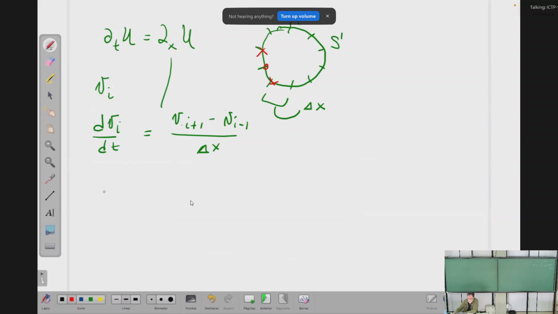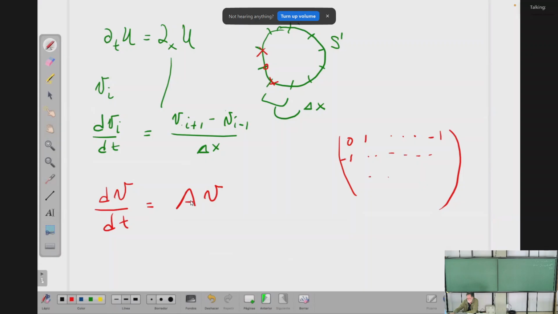If I write this as a vector, it is dv/dt equals some matrix, because it's a linear thing, times b. This matrix has some form, for instance, for the first row you have 0, 1, and minus 1 in the last one, and the next one is like this. So you can build this matrix.